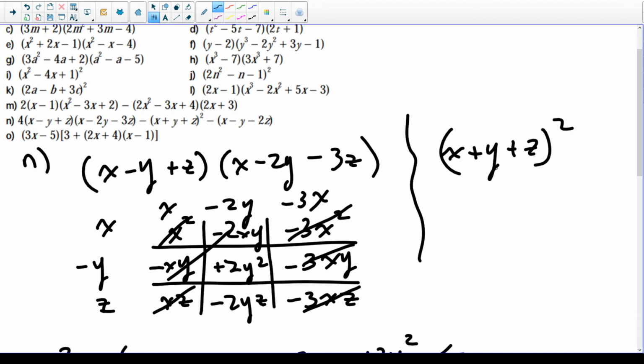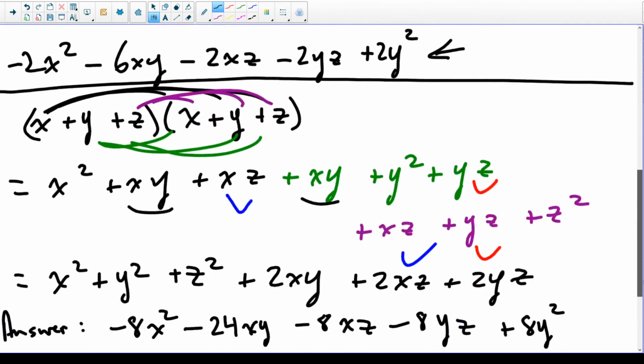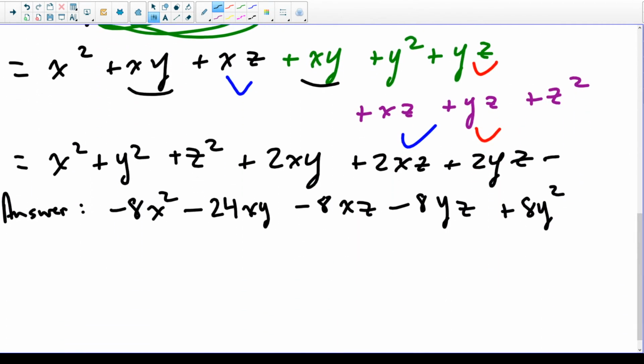Then we have minus the next one. The next one is here. So I'm subtracting all of those. So it's going to be minus x squared. Now I'm going to put the minus y squared over here underneath the 8y squared, just to keep them all kind of grouped up. I'll try to do that for all of them.